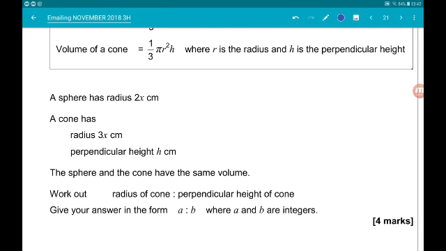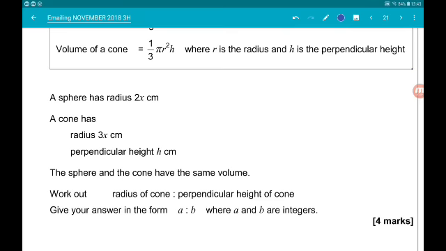At that point, that should be screaming to us, we're going to be forming an equation. If they have the same volume, their volumes are equal. We want to work out the ratio of the radius of the cone to the perpendicular height of the cone in the form A to B, where A and B are integers.